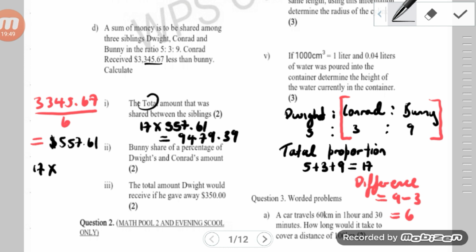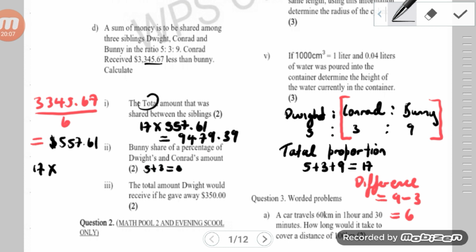Here, I would just use the ratio that I currently have. Dwight and Conrad's shares together sum to 5 plus 3, which is 8 shares in total.